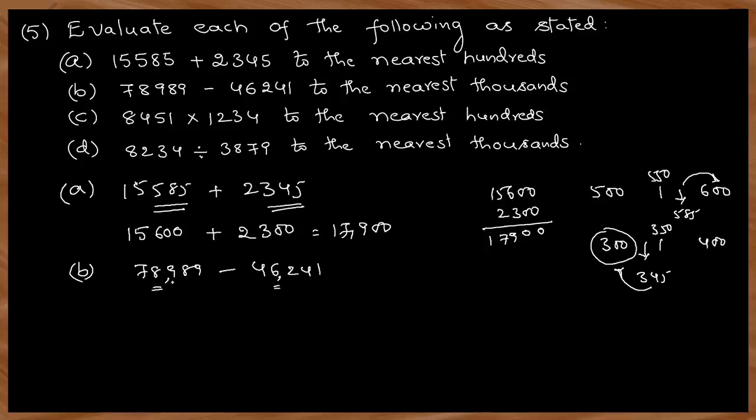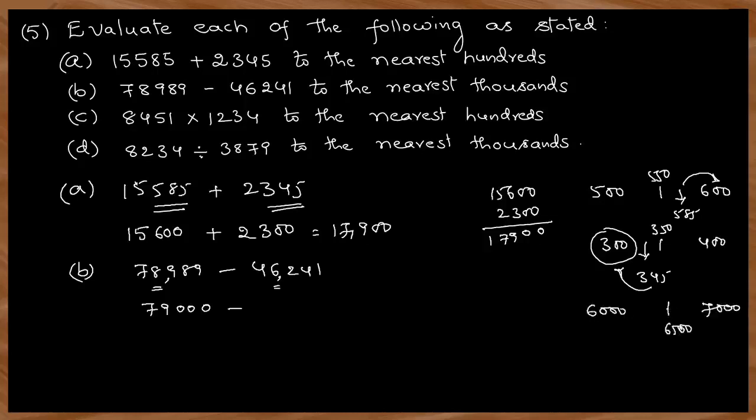This is 8,999, which is nearer to the 9,000. Directly you can write this is 79,000. The nearest thousand is 79,000 minus this is 46,241. 6,241, where it lies, you should check in between 6,000 to 7,000, which is less than 6,500.